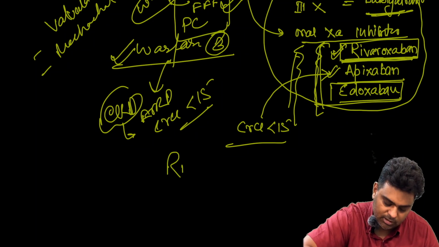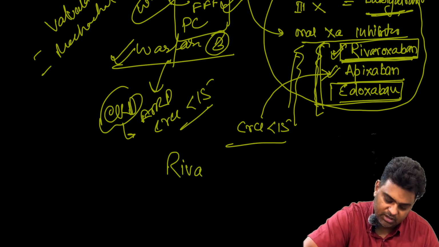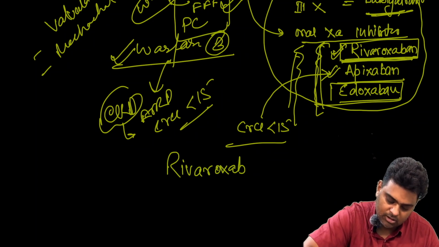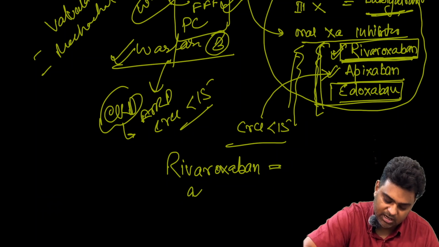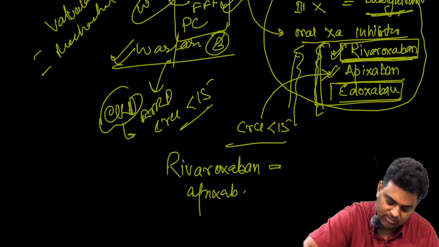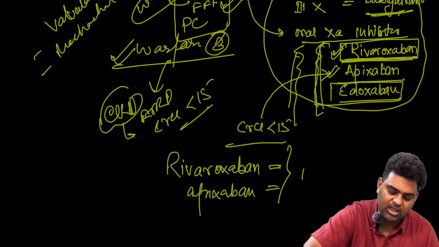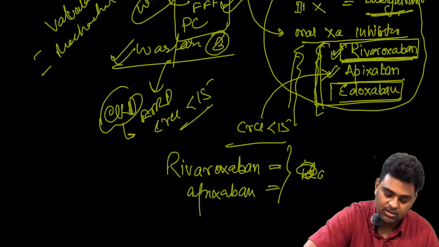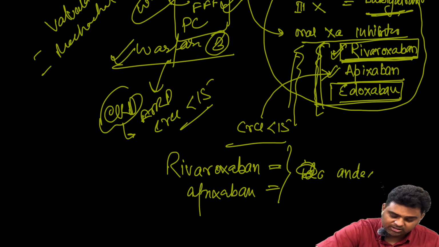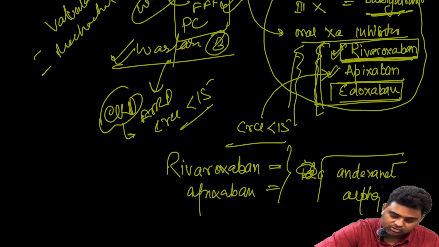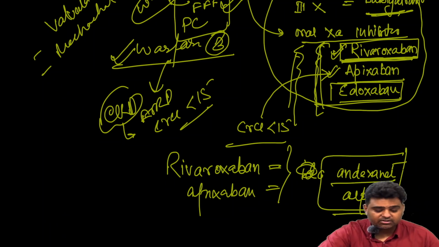For example, rivaroxaban and apixaban, their effect can be reversed with the help of andexanet alpha. So andexanet alpha can reverse its effects.